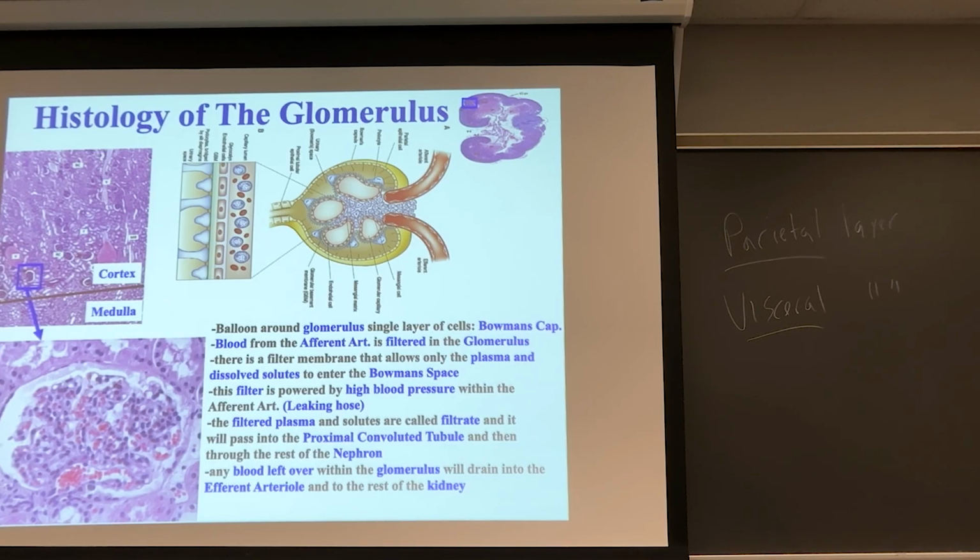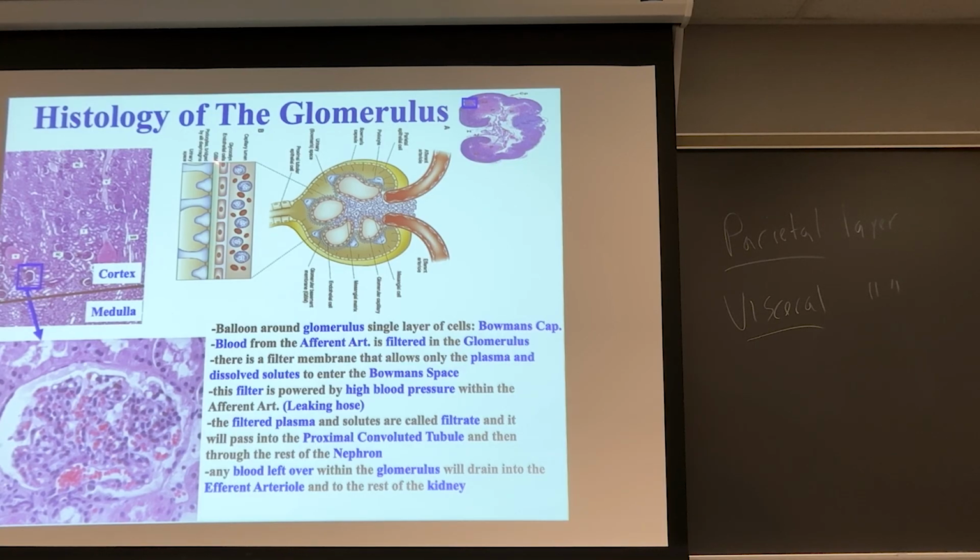Now, what this picture shows you is a blow-up of the wall of the capillary, and the organization of these podocytes, these specialized cells. On this side here, which is our right side, this is the capillary lumen. These are the blood cells.